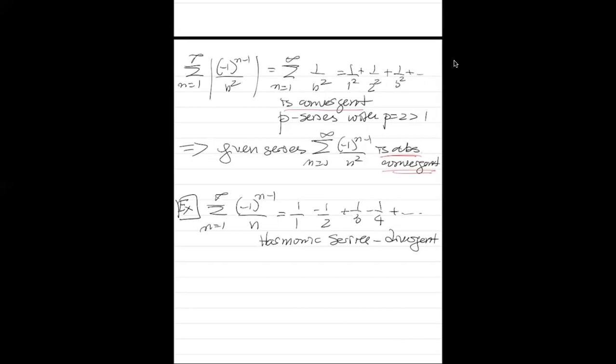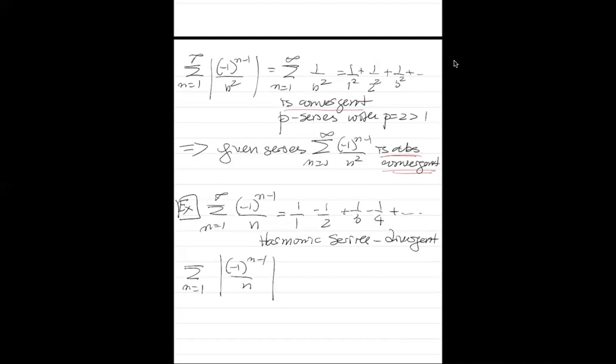Okay. So what that means, here, we need to explore the absolute values now. So we have sigma absolute value of negative 1 to the n minus 1 over n.